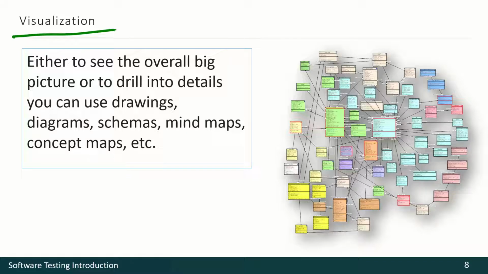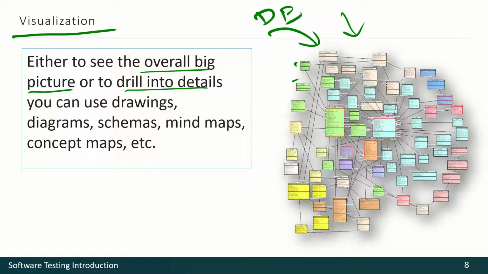The next technique is visualization. You may use some schemas or something like that either to see the whole big picture or to drill into details. Imagine that you may zoom this picture and see each table, fields, and so on. Here is the schema of some small database, something about 50 tables or something like that. And that's UML diagram. Of course, you may use hand drawings with paper, pen, whiteboard, and so on.